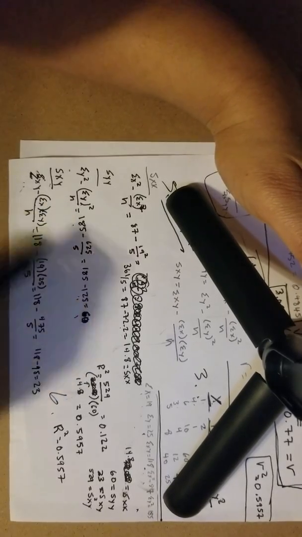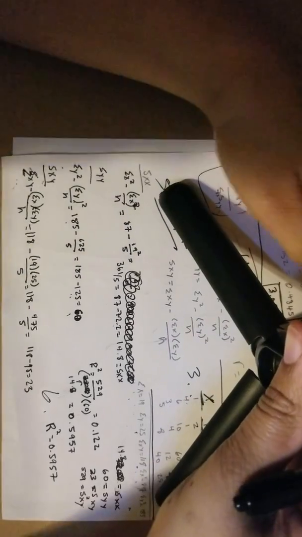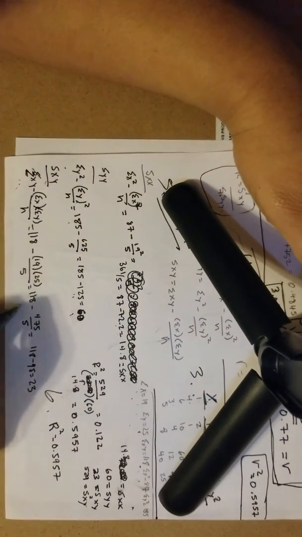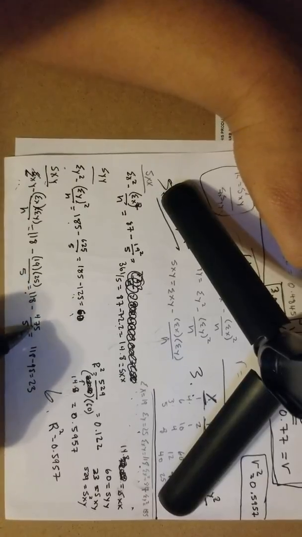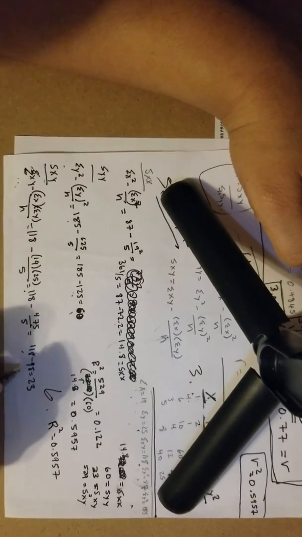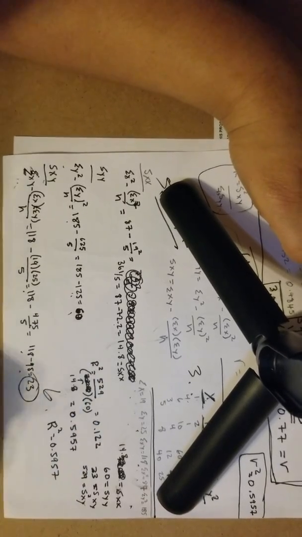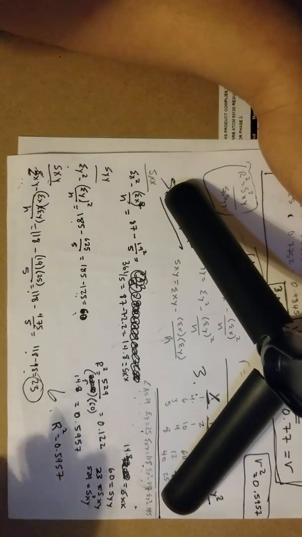So we subtract the sum of x times the sum of y over n. And so you should get 118 minus 475 divided by 5, which should equal 118 minus 95, which gives you 23. Okay, now all the hard parts are over.